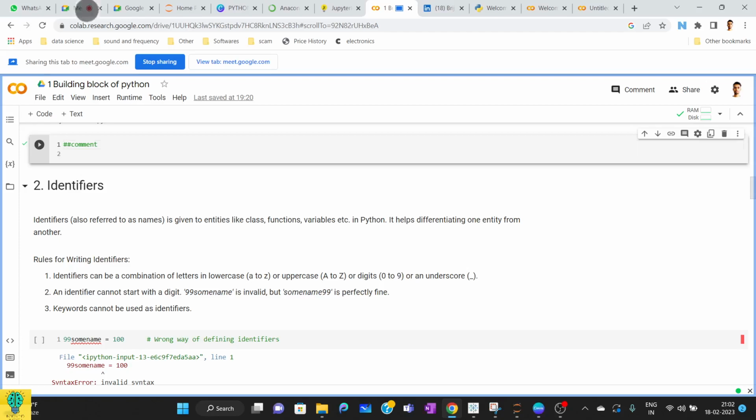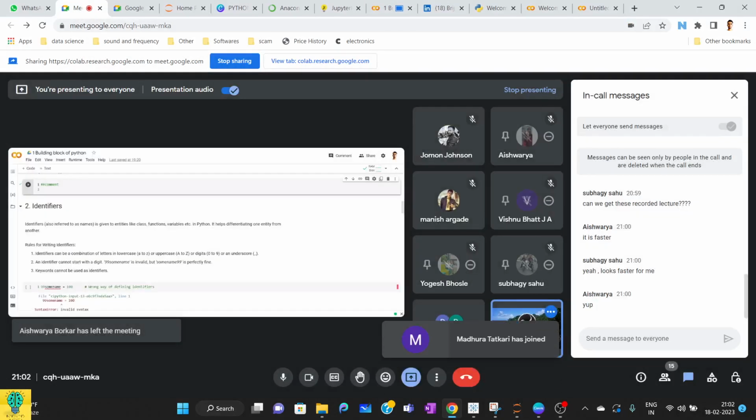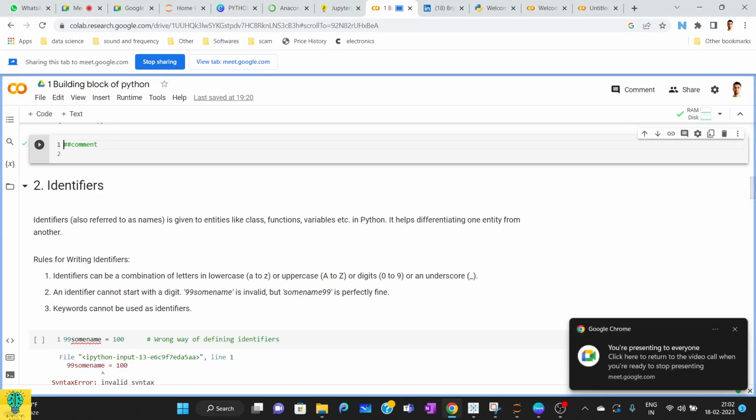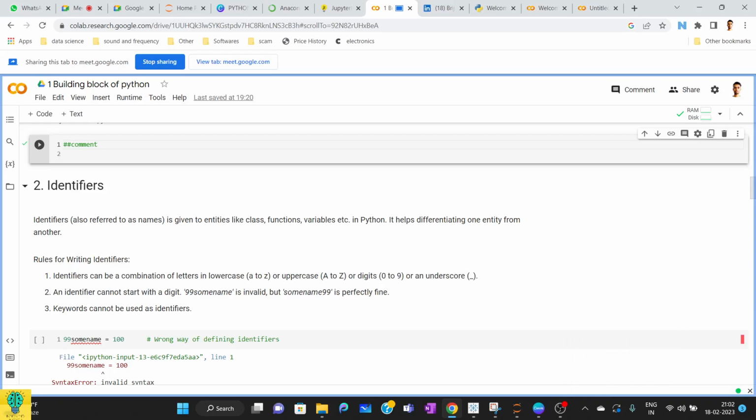I have one person whose name is Shiva, and that person is referring to an identity or a person having certain characteristics, certain features, like he plays golf, he plays hockey, and he is in class 10. These are his personal information, and it is being stored where? It is being stored in his name, Shiva. So when I type Shiva, that means I'll get all the details about him.